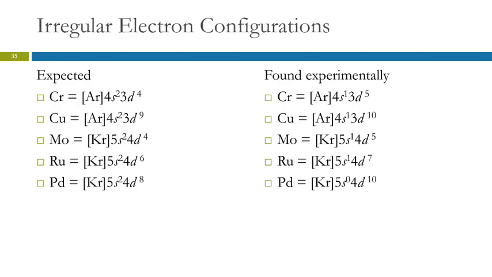Well, let's think about our quantum hotel. So we've got that 4s room, and then we've got a 3d room. And we've got a total of 6 electrons in there, right? So what we expect is that this one will fill first because that one's cheaper, and then we'll put these guys in.